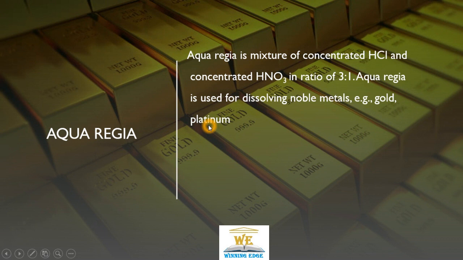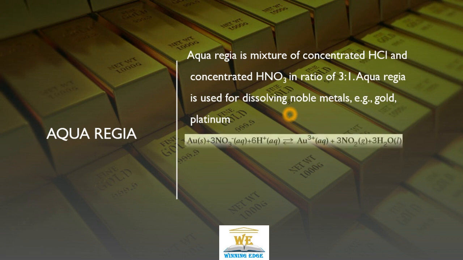So far we know gold and platinum exist in pure form in nature, and in pure form they do not react with any acid or alkali. But if we mix HCl and nitric acid in the right proportion, 3 to 1, we get a mixture known as Aqua Regia that can dissolve the noble metals.